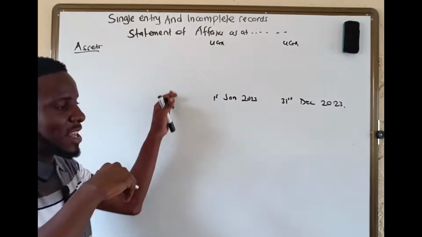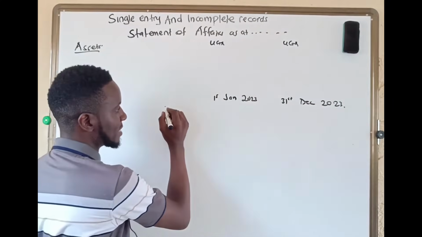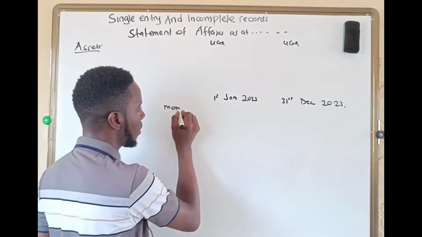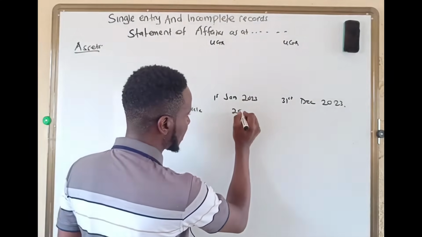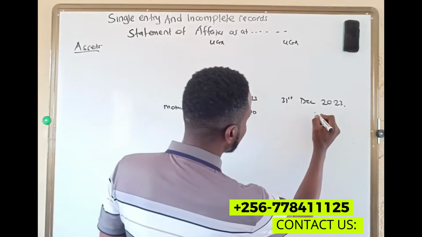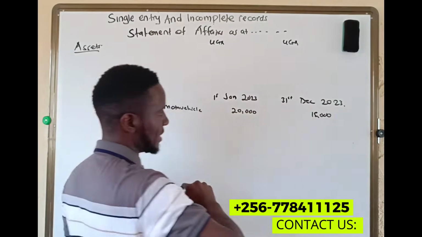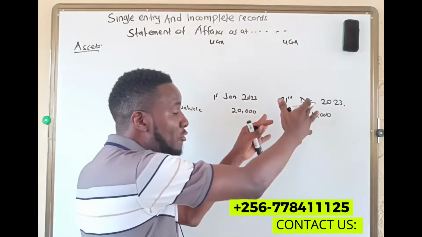For example, motor vehicle: at the beginning of the year, let me say 20, then at the end of the year, let me say 15. So it's a list of balances.